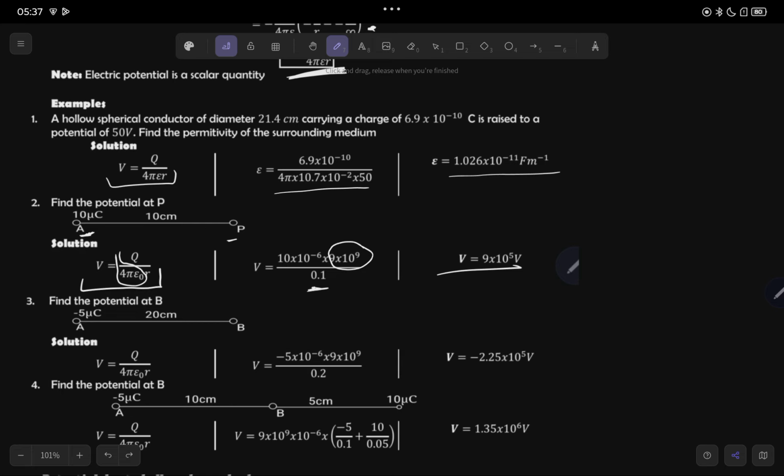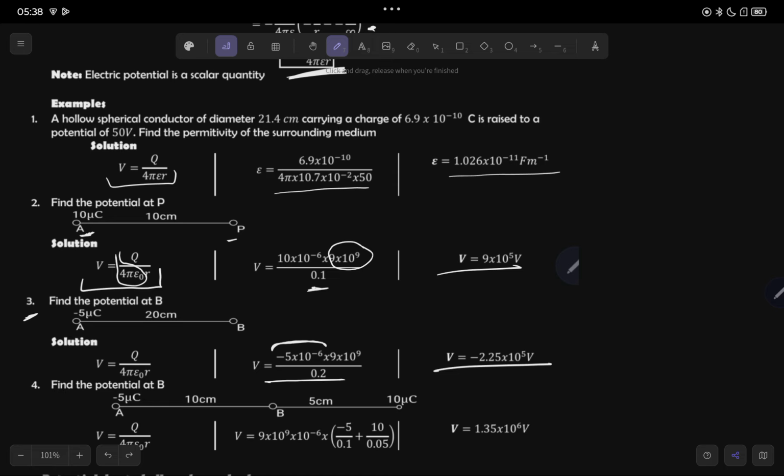Number 3, find the potential at B. We have a charge at A of negative 5 microcoulomb, and point B is 20 centimeters from point A. Still, we are substituting. Note that now we are substituting in the value of the charge with its sign. Now it is negative, and the answer is a negative potential, which is negative 2.25 times 10 to the power 5 volts.